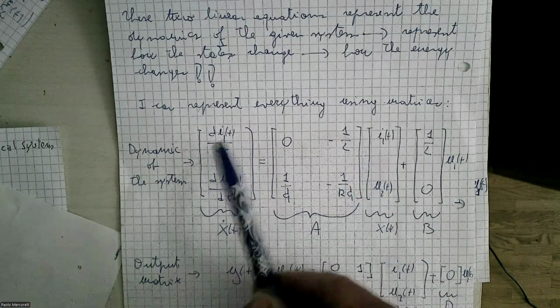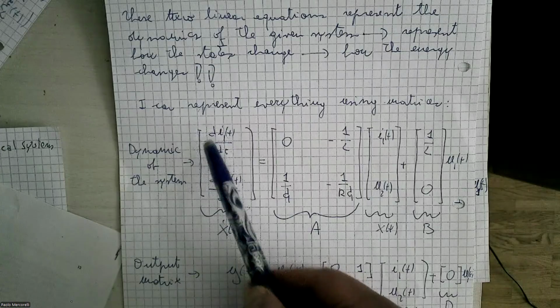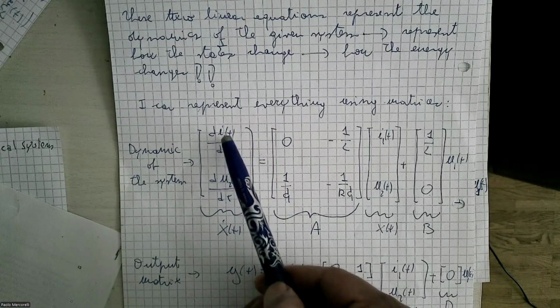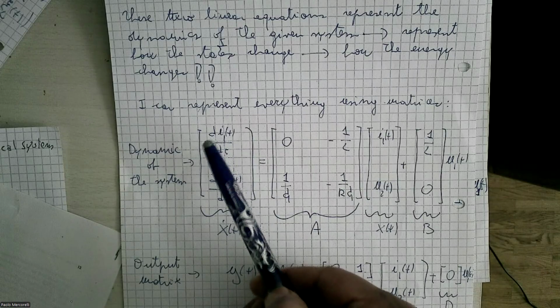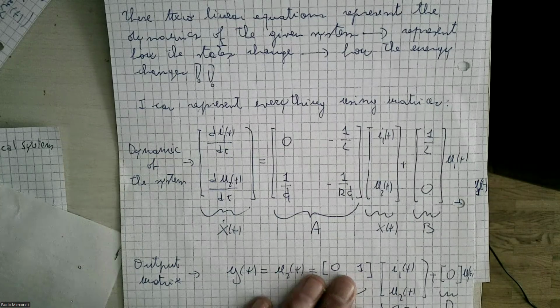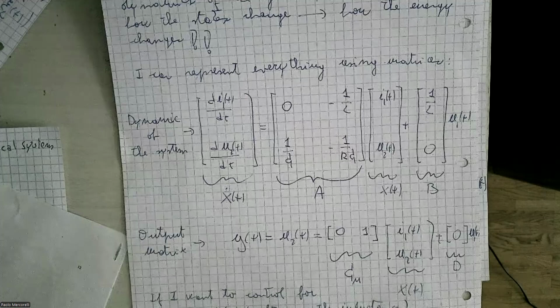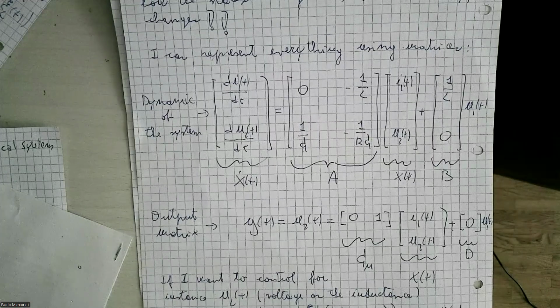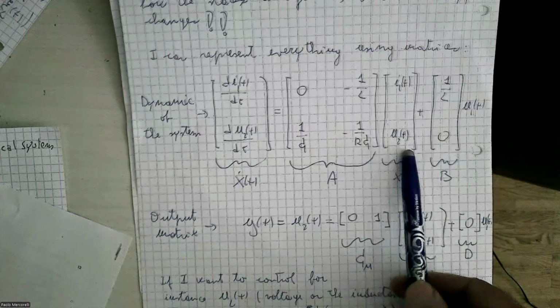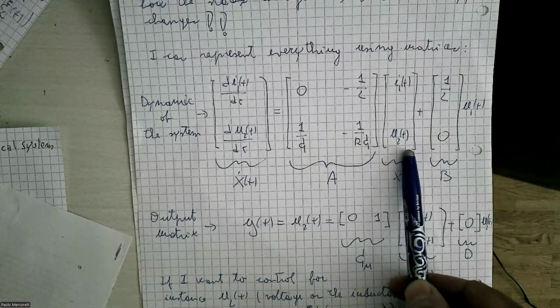U2 influences the derivative of the current, which means indirectly the current, but the current influences UL, that we have seen here. UL is a function of the derivative of I1, but I1 depends on U2. The system is totally connected.